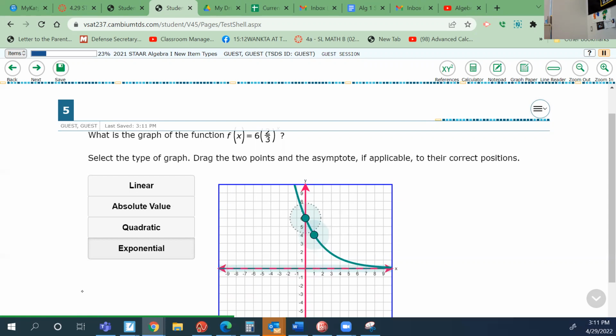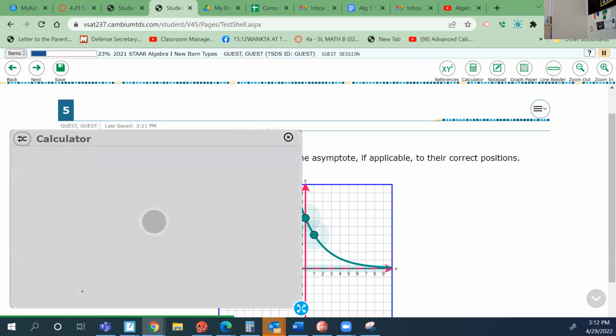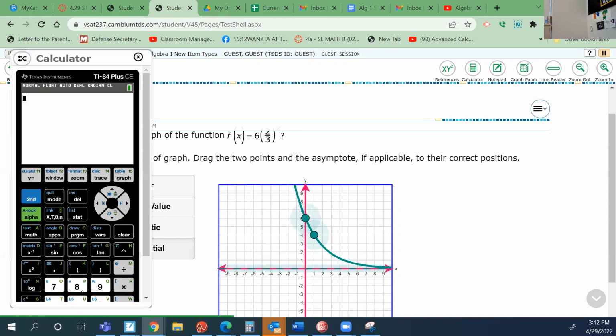If you can graph this function and do Control T, you can see where the x and y values are. Let me try the TI graphing calculator here. I've not tried this one. It looks confusing to me.